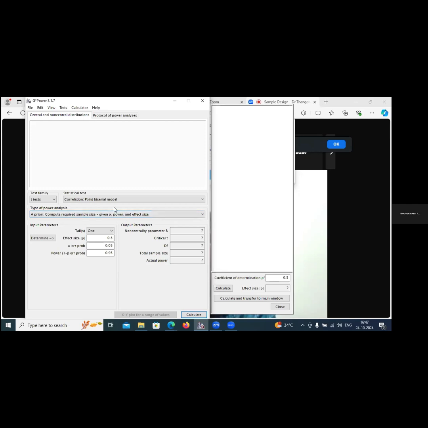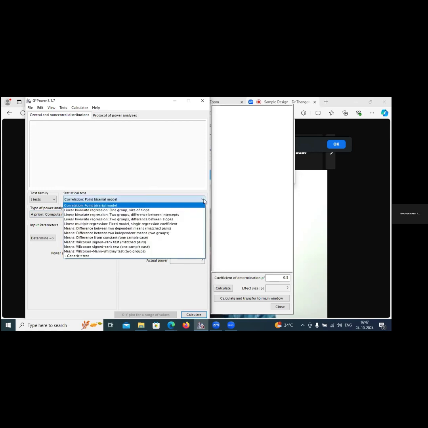So we have two groups, experimental and control. I want to compare the means. My hypothesis is that the experimental group receiving X treatment is better than the group receiving Y treatment. So I take the difference between independent means, two groups.